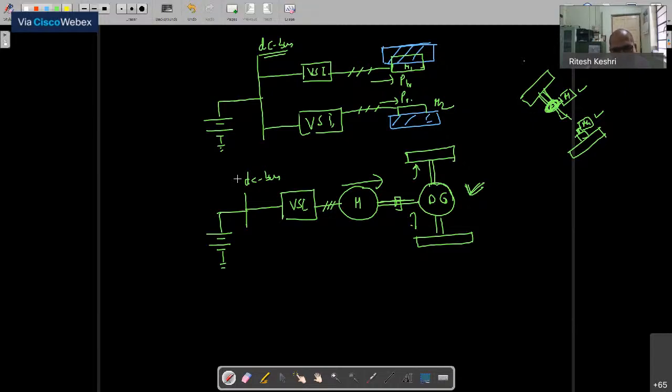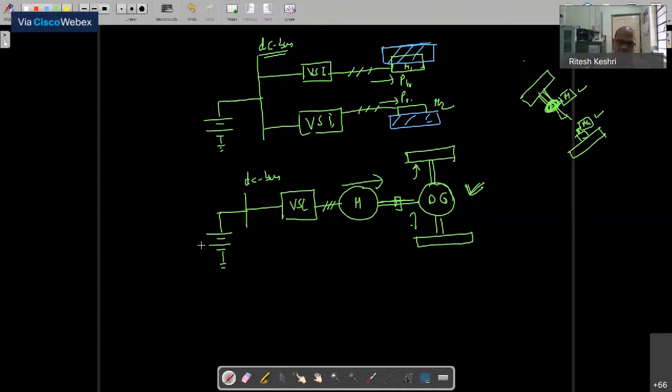There is another possibility also. What is that possibility? Here you are receiving the whole of the energy from the onboard DC source, that is the battery. Another possibility is that you can receive a part of the energy from the IC engine.